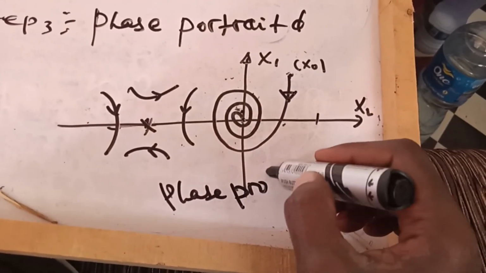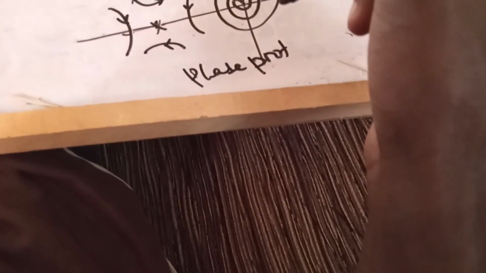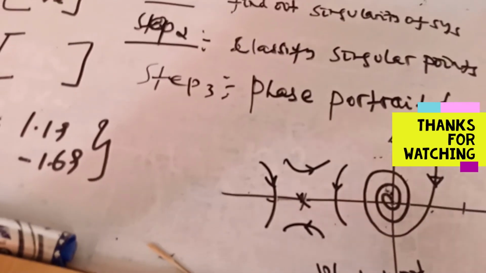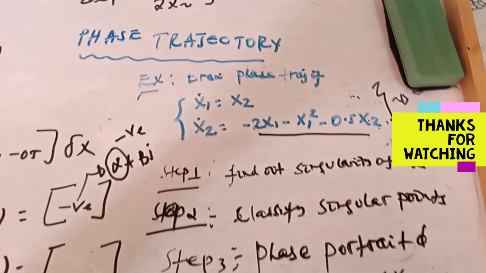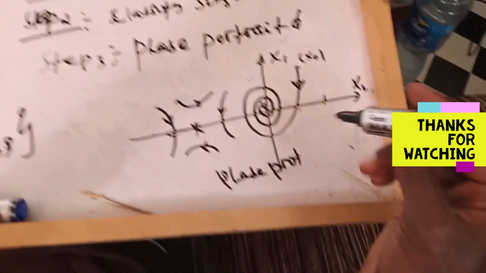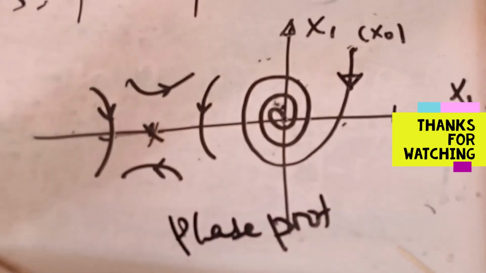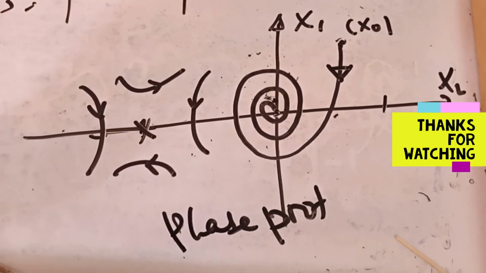For this particular system, our system is partially stable, a stable focus, and at the other point, our system is a saddle point. So this is why we are computing this particular system in such a way. And finally, this is the phase portrait diagram or phase portrait plot.